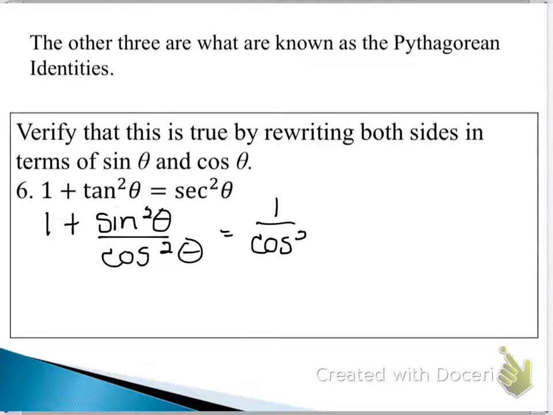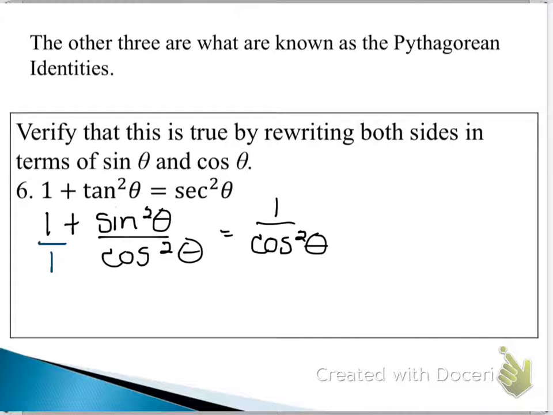Usually when you verify identities, you only verify one side at a time, okay? So on this one, you just use a little bit of the fraction tricks that you learned in elementary school, I hope. I want to write this side as a single fraction.